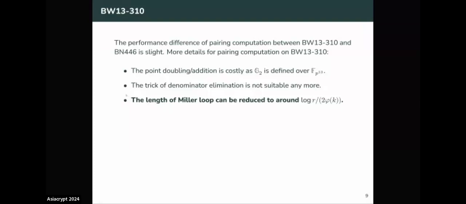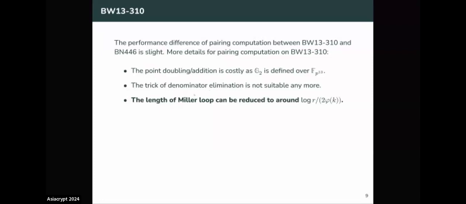Firstly, due to the nature of the case, the group G2 is defined over a full extension field F_{p^{2k}}, so point doubling and addition are costly. Secondly, since the embedding degree k is an odd prime, the trick of denominator elimination cannot be used. For these 2 reasons, the cost of each Miller iteration is really expensive.